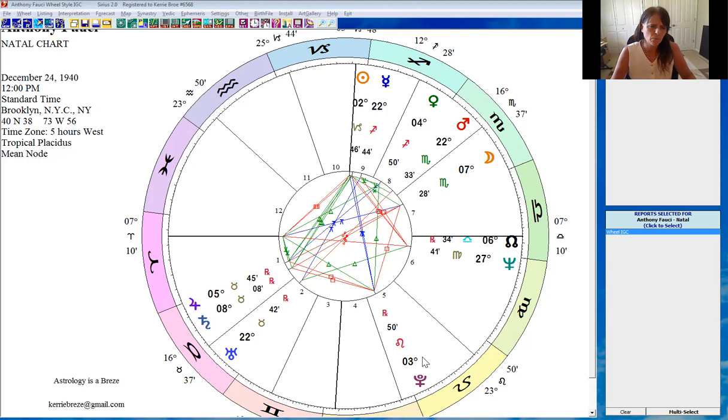And then we've got retrograde with Pluto too. So more retrograde energy, more backward energy, more energy being disrupted, with all of the retrogrades. But interesting, Mercury is direct.